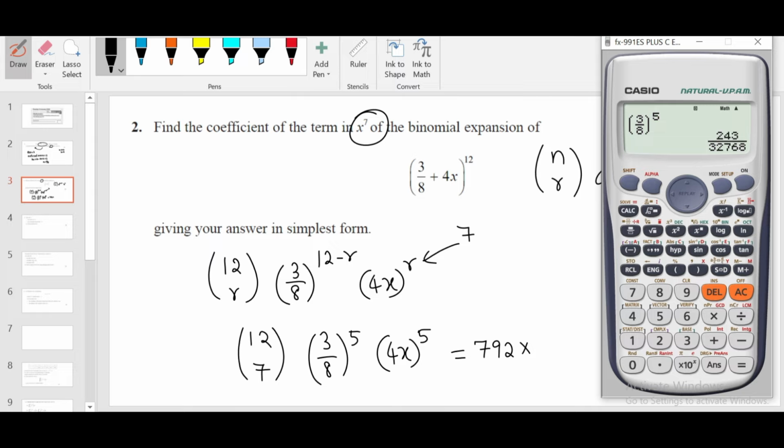Wow, okay. So this value times 792 times 4 power 5.